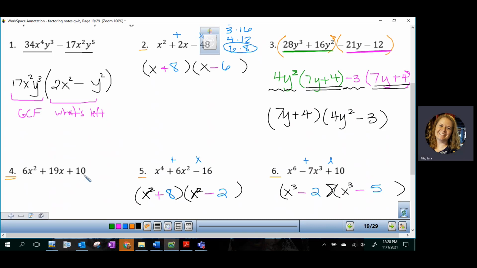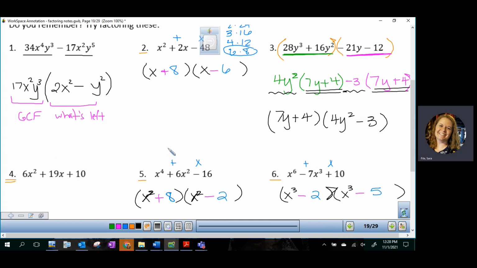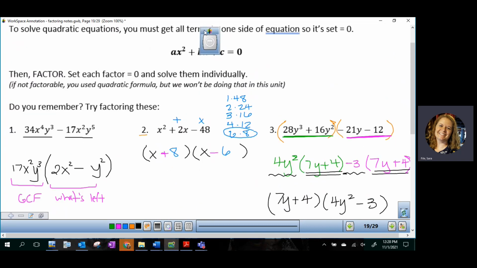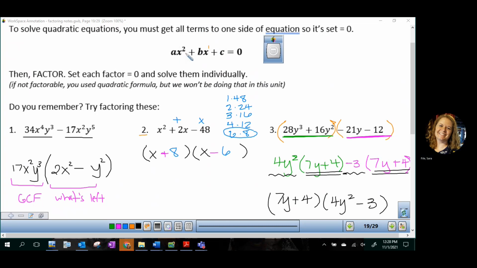As long as it's written from highest degree to lowest degree, if it's in this format, ax squared plus bx plus c, the lead term is this ax squared. You should have the highest degree exponent and then the next all the way down until you get to your constant. And if it's in this quadratic trinomial form, you can do grouping, box method, or slide divide.